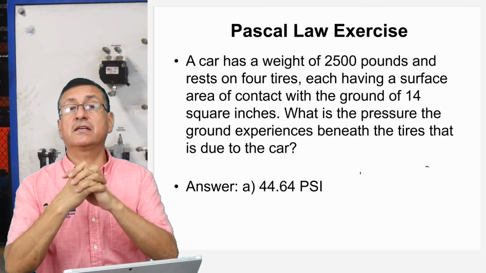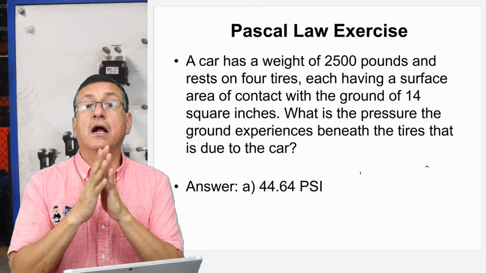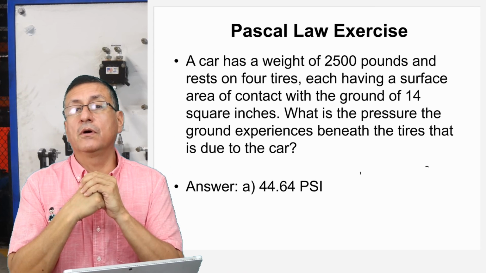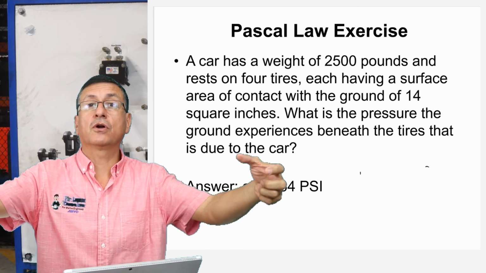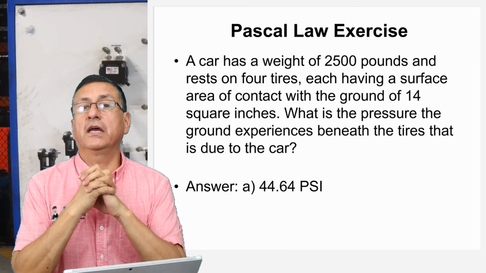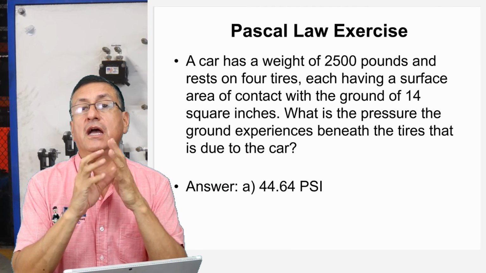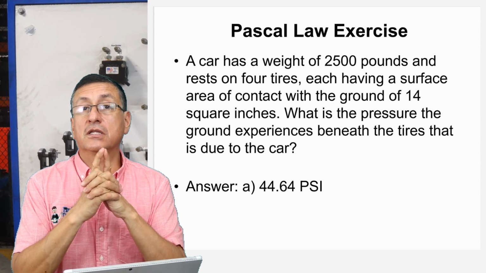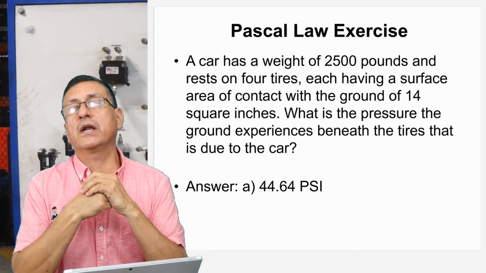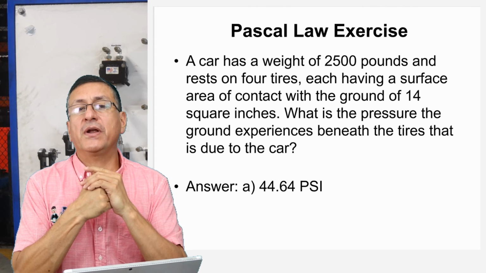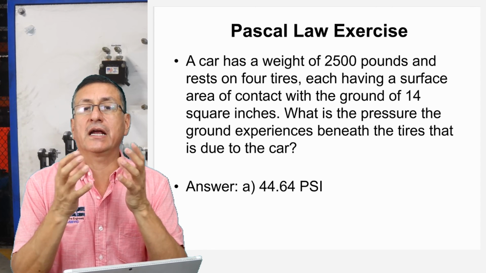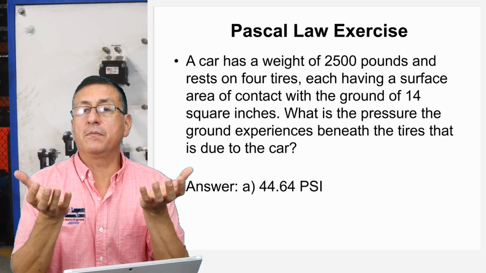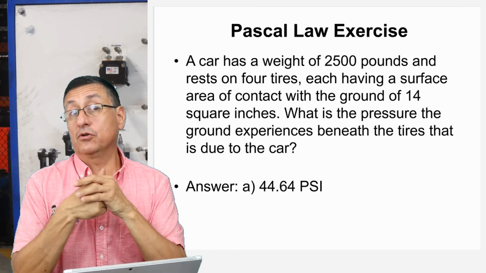We have another great example. A car with a total weight of 2,500 pounds is at rest over 4 tires. The area of contact of each tire is 14 square inches. What is the pressure that the ground experiences beneath the tires because of the car?